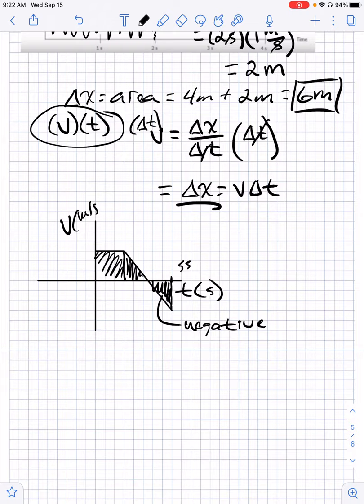So your displacement would equal the area of the square plus the area of this triangle minus the area of this triangle, because that one is negative. All this other area over here and here, we're not worried about. All we're worried about is the area between the line, the graph, and your x-axis. And that will tell me what my displacement is.